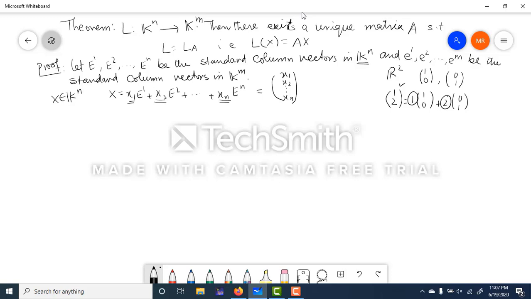Now, if I operate L on this vector x, it becomes L of x1 e1 plus and so on xn en. Using the linearity, I can write this as x1 times L of e1 plus x2 times L of e2 plus and so on xn times L of en.